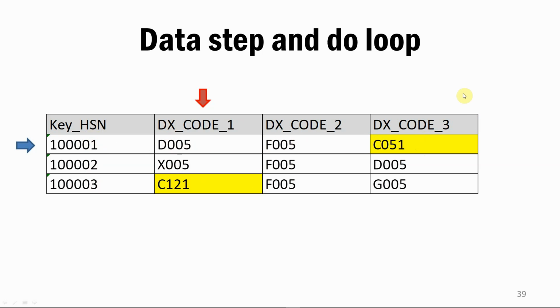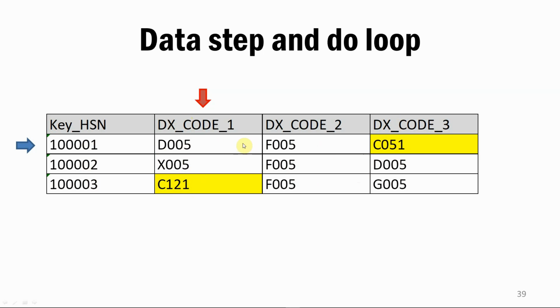Let's just simplify that to three, because the rest are the same. Let's say that for patient 1, there is one diagnosis of cancer at the third DX code field. And for the third patient, the first diagnostic code field. For the second patient, none of them are related to cancer.